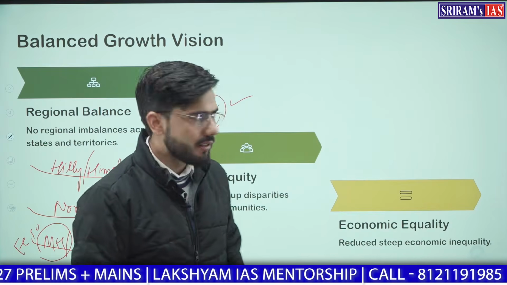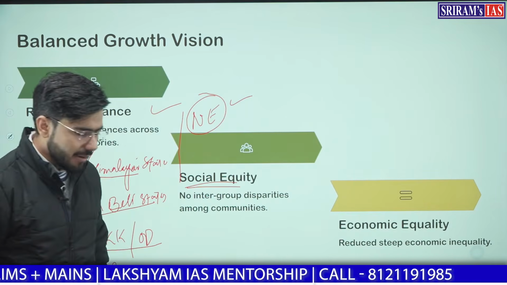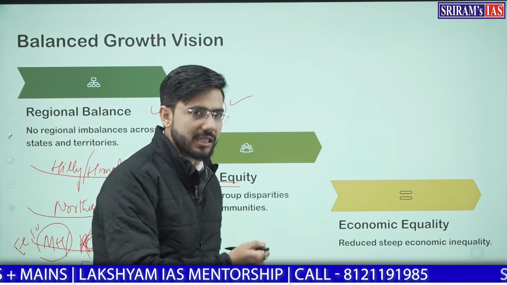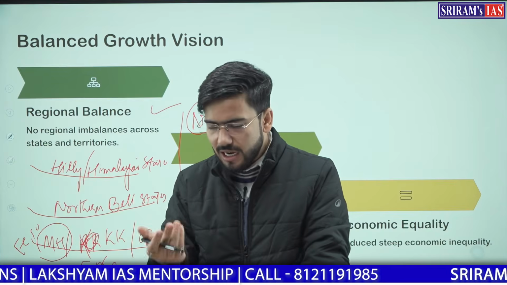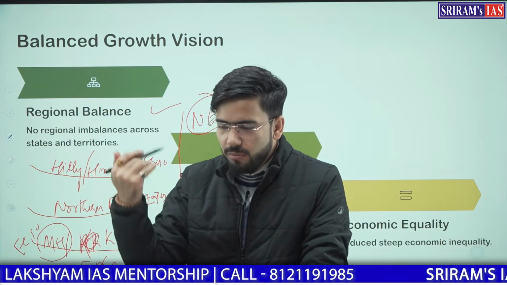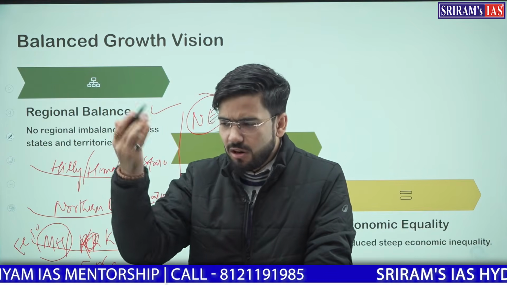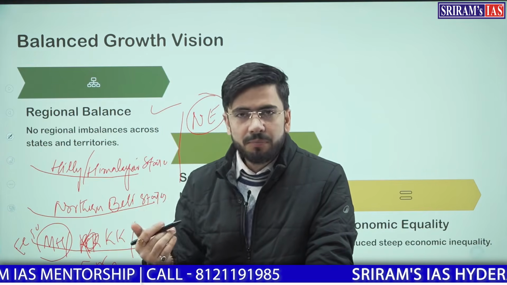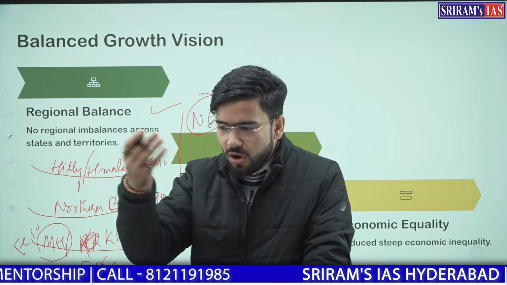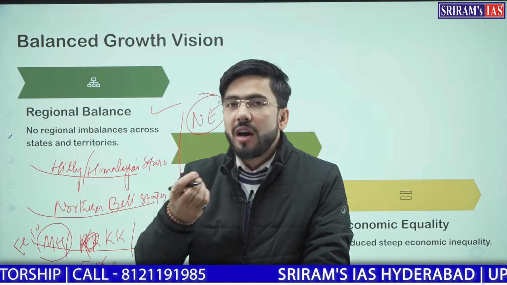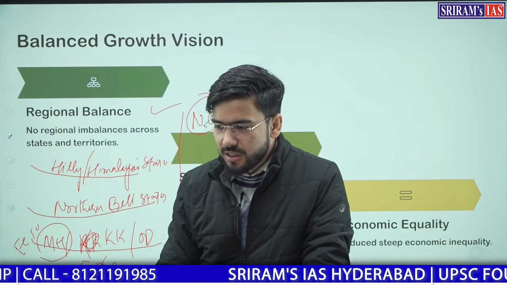It is totally different. Further, social equity is not there. For example, people from the lower castes, people from the slum areas, people from religions which are in minority, women, or people from the differently abled sections.